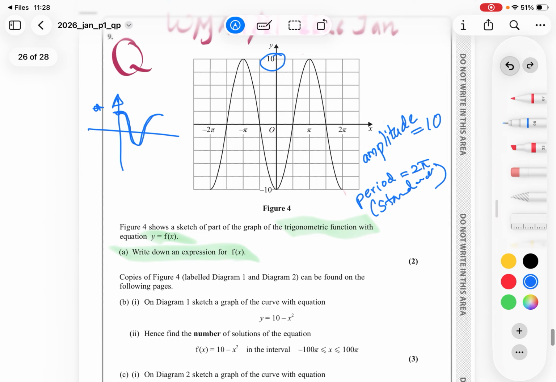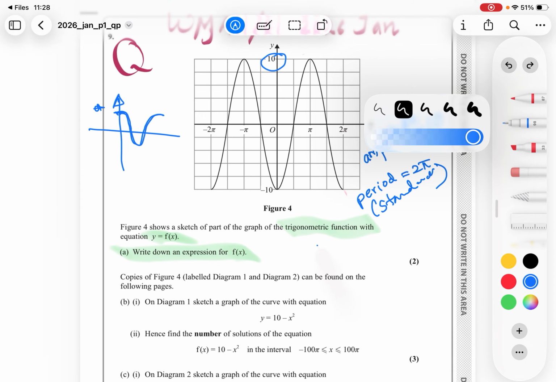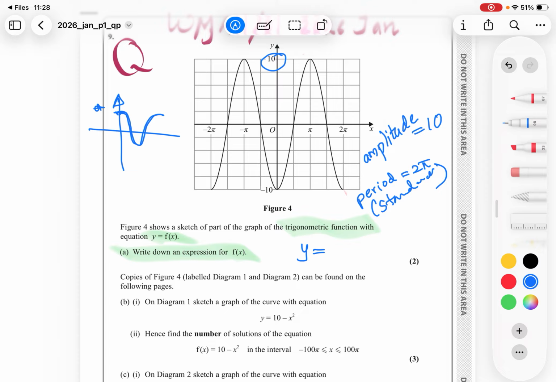So we know if it is y equals cos x, we can write it because x doesn't change, nothing else changed, but the amplitude comes to the front, and since it has flipped, it's not 10, it would be negative 10 coming here.